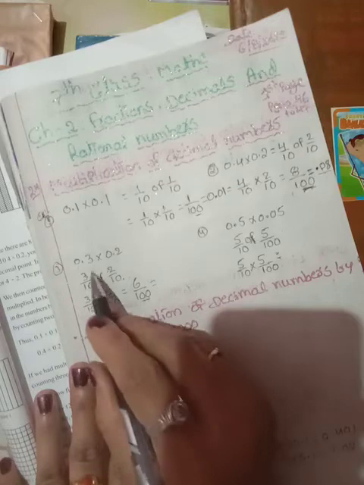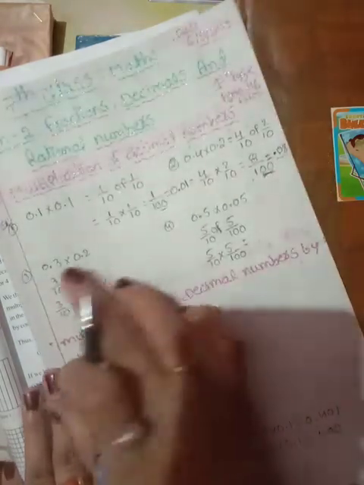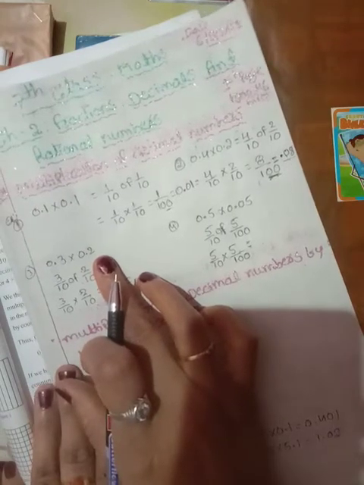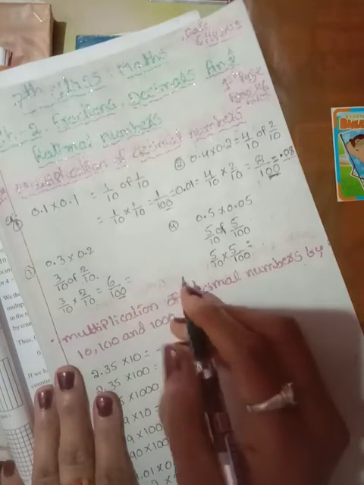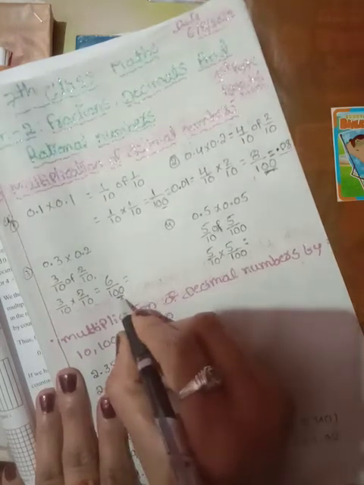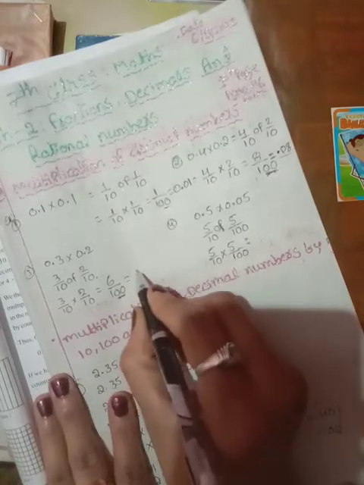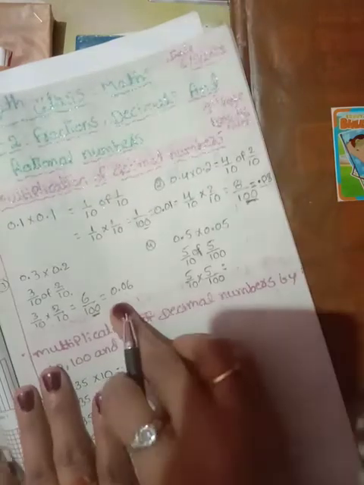Because in this product there are 2 decimal digits to the right of the decimal point. Since 100 has 2 zeros only, you can directly write the answer like this.